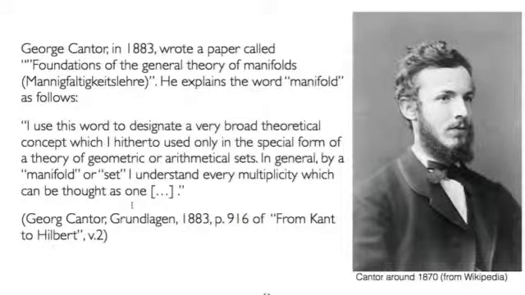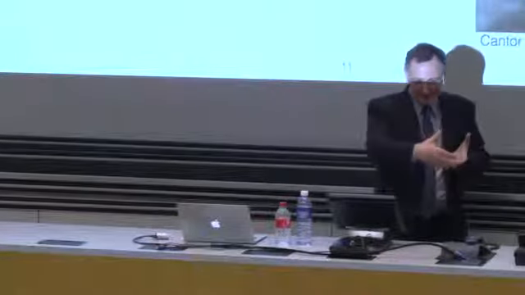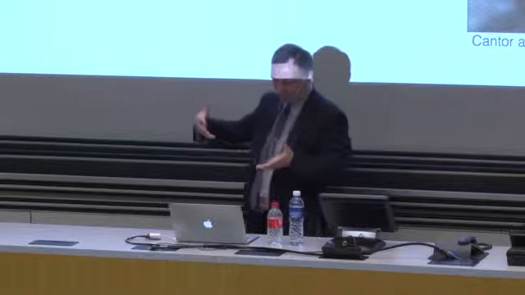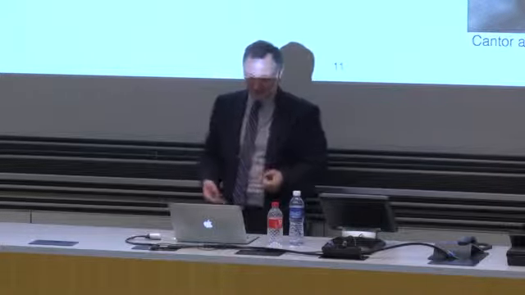So this very well applies to what we today call a type. A type is every multiplicity which can be thought of as one. Every time you can think of something as forming a unit in some composite sense, you can think of it as a type.